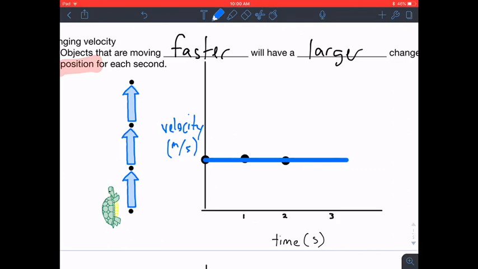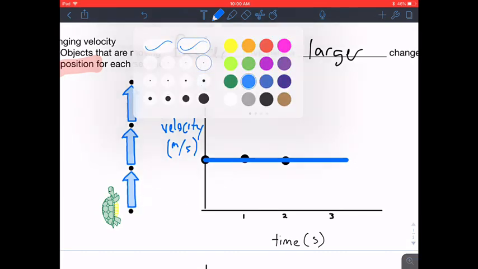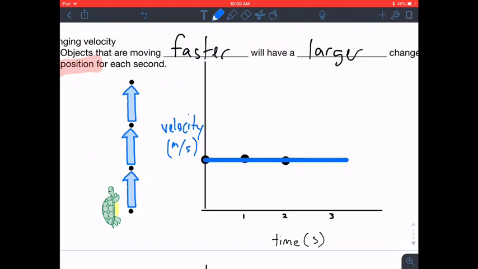So in this case, we're looking at this velocity vector as the velocity of the turtle for the first second, or for second 0 right here. And so we're going to graph that velocity right here.